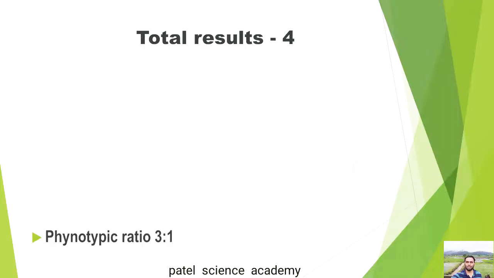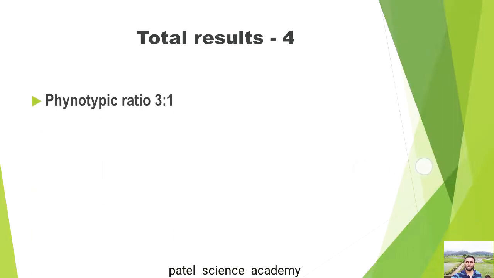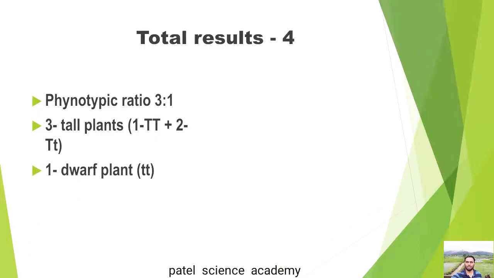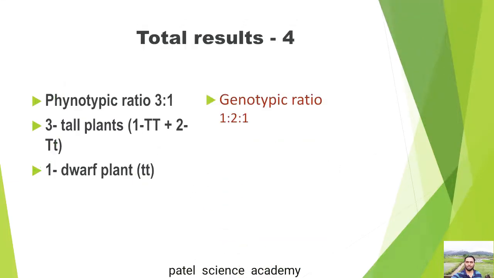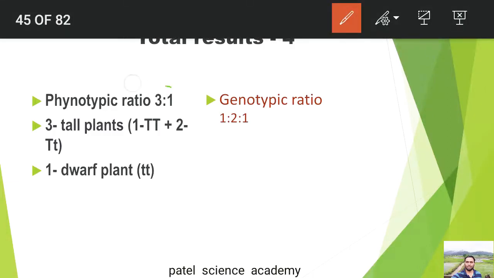So in total, we have got a phenotypic ratio of 3 is to 1, as I told you, out of which 3 tall plants are there, of which one is capital T capital T, pure tall, and capital T small t are 2. Thereafter 1 dwarf we got, small t small t. This is about the phenotypic ratio, tallness versus dwarfness, 3 is to 1.